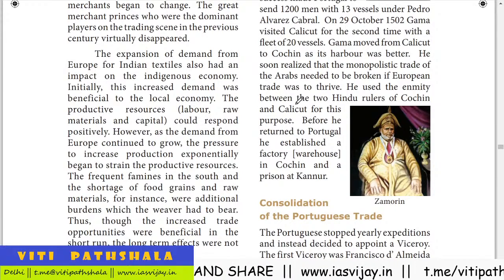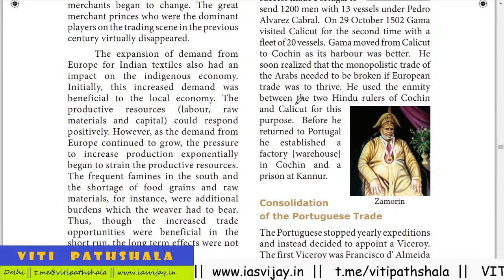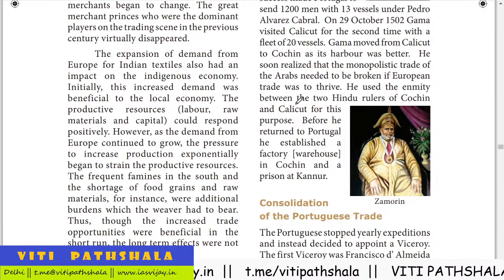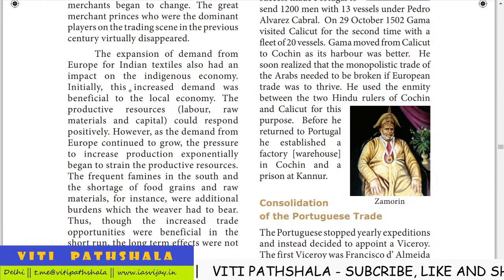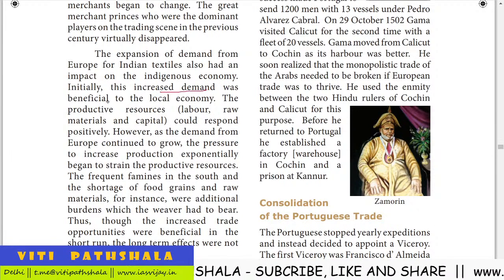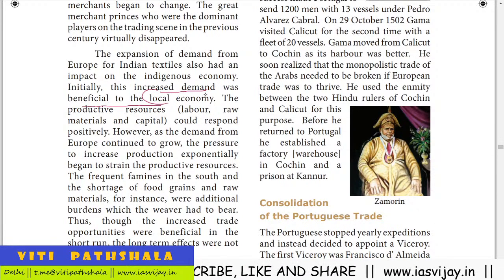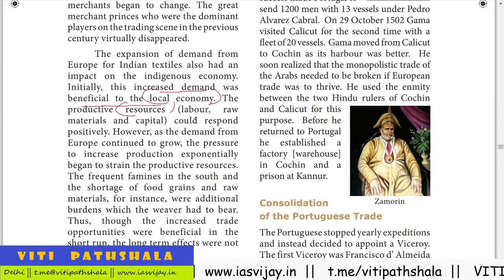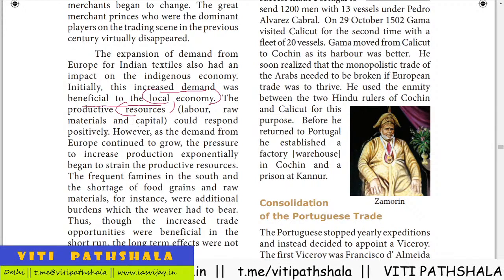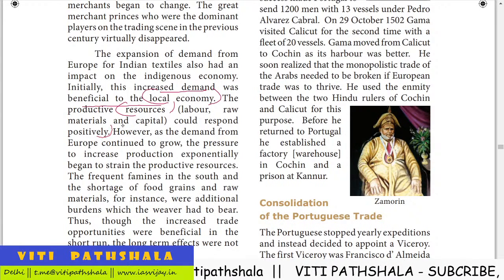The expansion of the demand from Europe for Indian textiles also had an impact on the indigenous economy. Initially, the increased demand was beneficial to the local economy. The productive resources, labor, raw material, capital could respond positively.